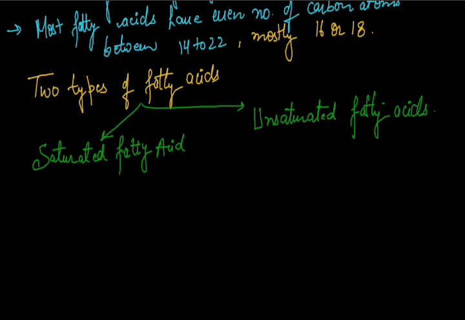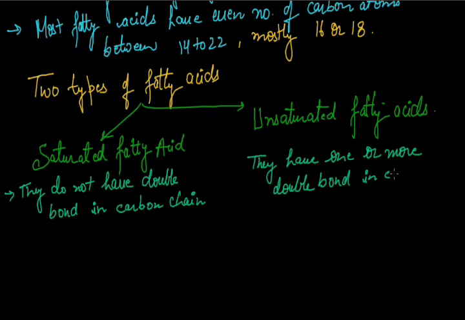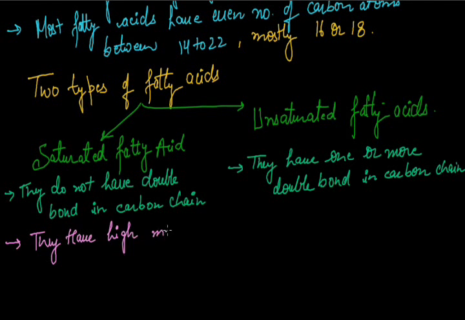Saturated fatty acids are fatty acids which do not have double bond in carbon chain, while unsaturated are the fatty acid they have one or more double bond in carbon chain. Next, saturated fatty acids have high melting point.